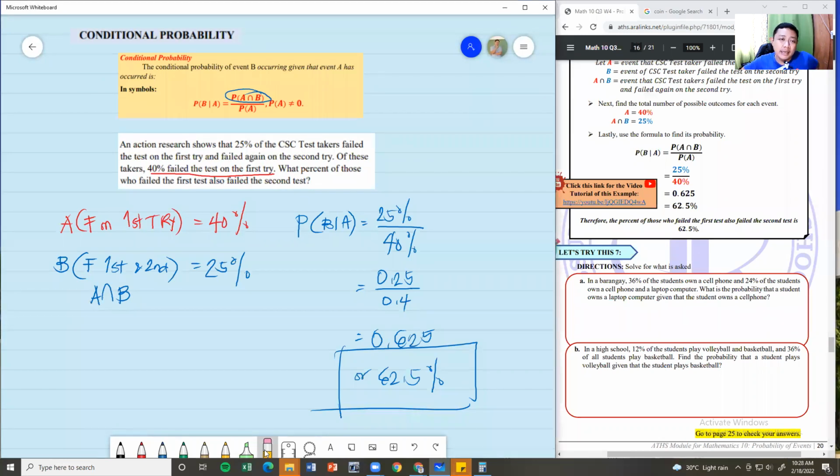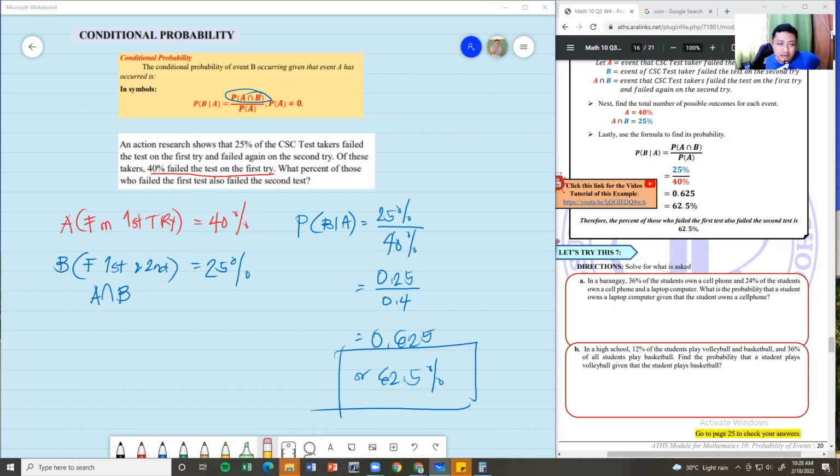But again, I would like to remind you, what if P of A is 0? It cannot be. A cannot have no event, because if A becomes 0, that means it's null, an empty set.